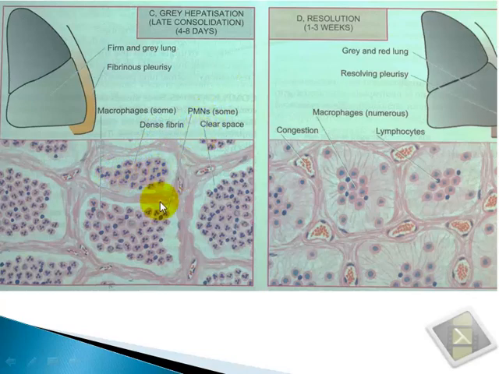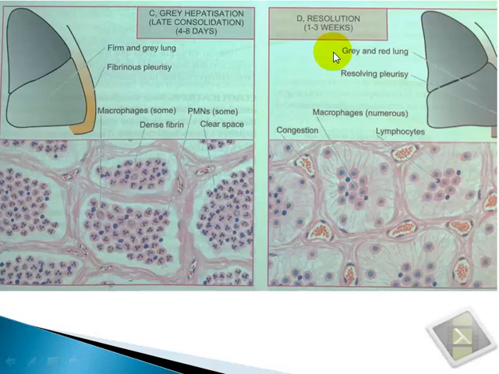Polymorphonuclear cells are not as many as they were in the previous stage, and you can see a stage of contraction. You can see they have been contracted. There is a clear space between the exudate and the interstitium or the alveolar walls. So there is contraction because of presence of this fibrin, which has now contracted.